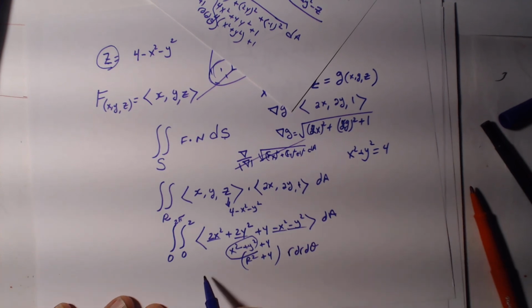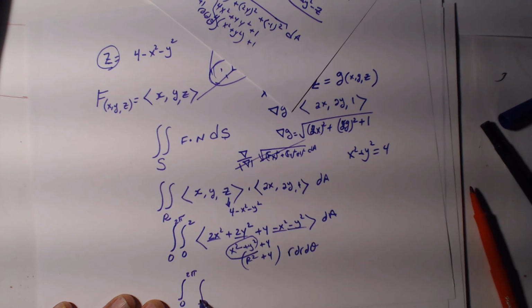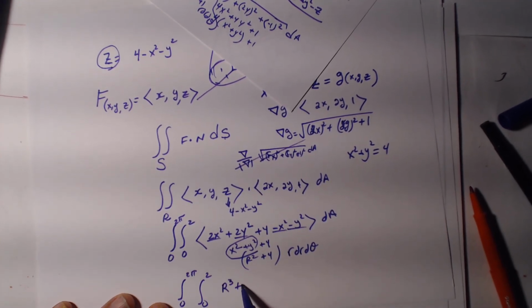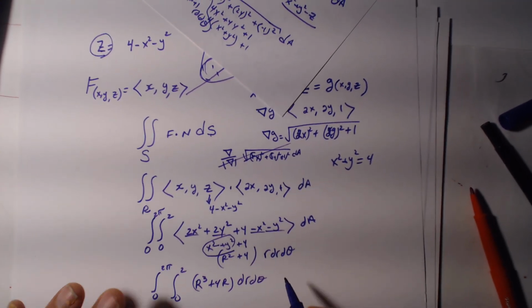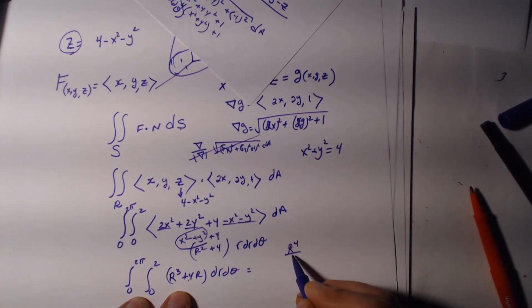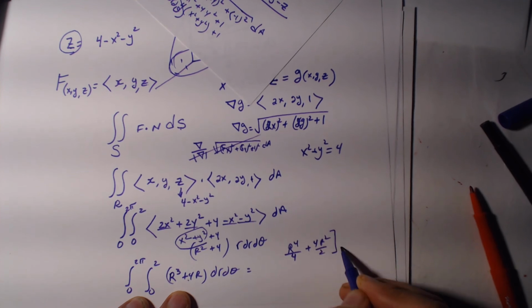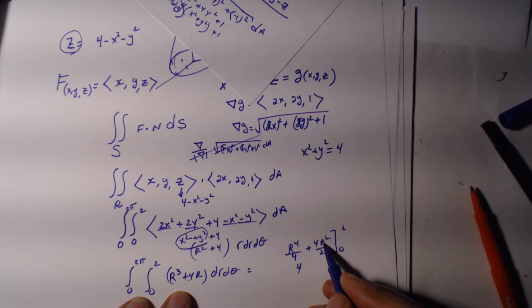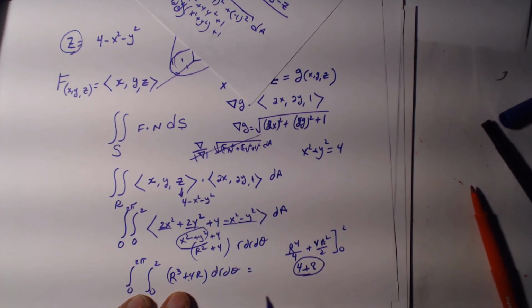And if you go ahead and finish the problem, you have from 0 to 2 pi, 0 to 2, r cubed plus 4r dr d theta. 16 over 2 is 8, making it 12.